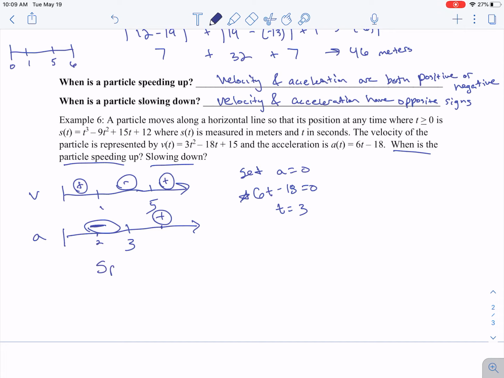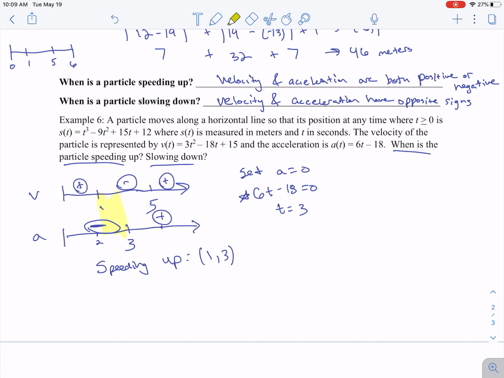So when are they the same? So we're speeding up. So just look at our charts here. It looks like we're the same right there. Don't we have the same sign? They're both negative, so we're actually speeding up from 1 to 3.